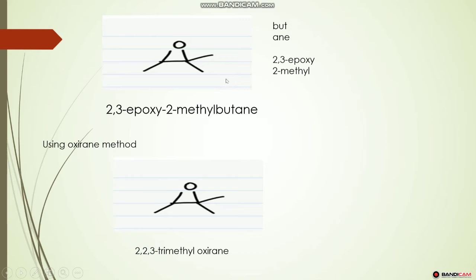In this example, we still need to identify the parent chain. So this is the parent chain. If we're going to number from left to the right, this will be 1, 2, 3, 4. The epoxide is attached to number 2 carbon.